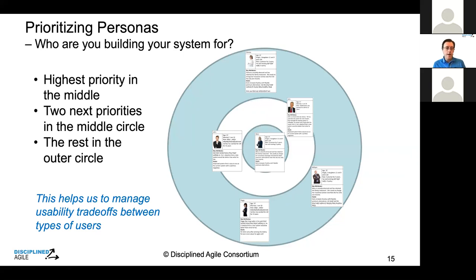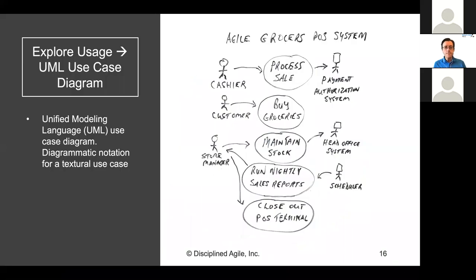What we find is that companies that use personas start to have conversations in requirement sessions where they refer to the real people, the fictional people, like Mary wouldn't like that, or John wouldn't like that. Everybody in that session can empathize with who John is, who Mary is, even though they aren't real people. So it's an interesting technique. I urge you to look into it.